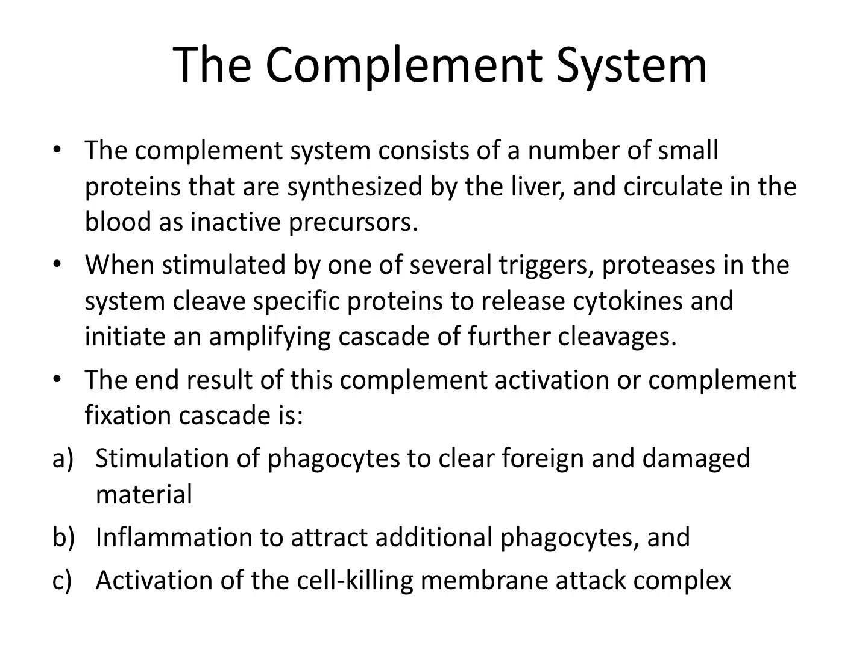The end result of this complement activation or complement fixation cascade is, number one, stimulation of phagocytes to clear foreign and damaged material, inflammation to attract additional phagocytes, and activation of the cell-killing membrane attack complex.